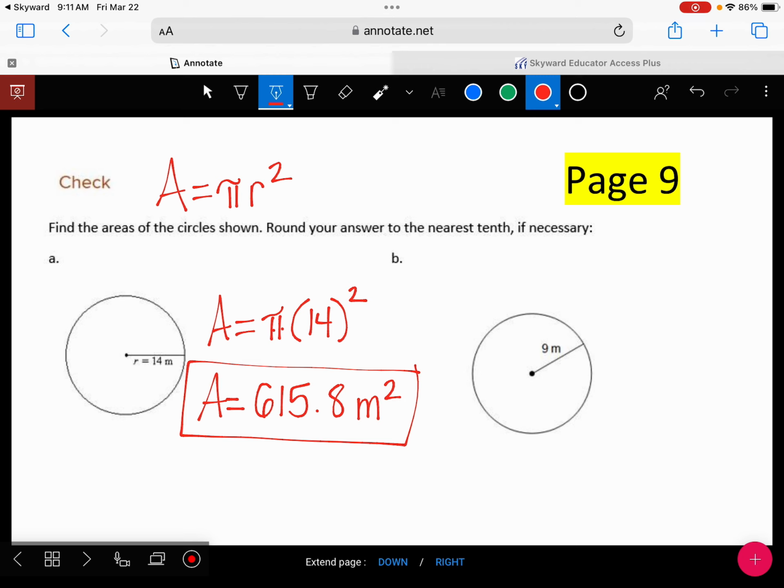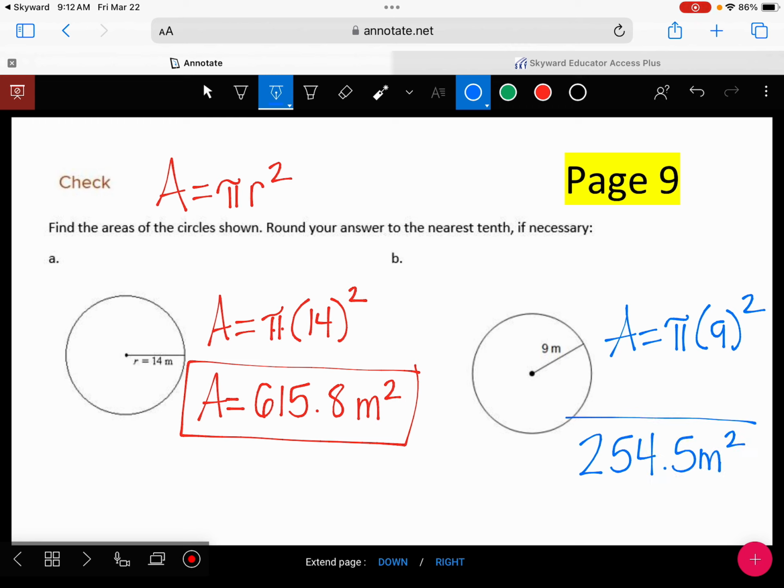So for this circle, what's the radius? For B, our radius is 9. So area equals pi times 9 squared, which is, who got 254.5?